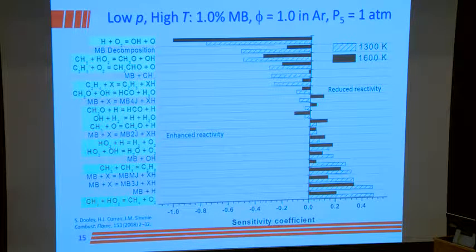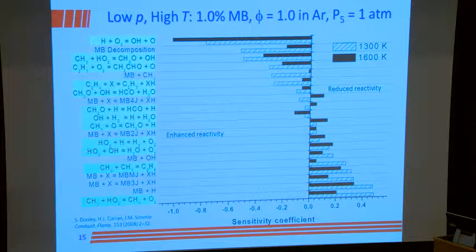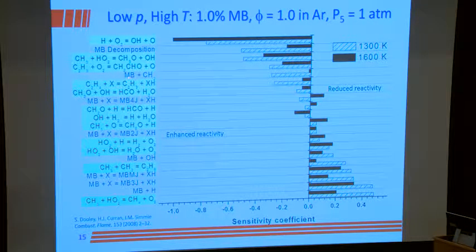There are only a few fuel reactions. Fuel decomposition under these conditions, particularly at 1300 Kelvin, tends to be important. Fuel reactions with radicals tend to inhibit reactivity here. Fuel plus methyl seems to promote reaction, particularly at 1300 Kelvin.